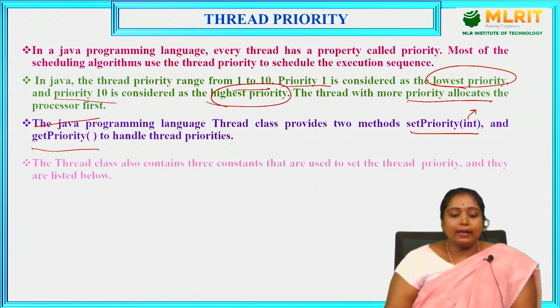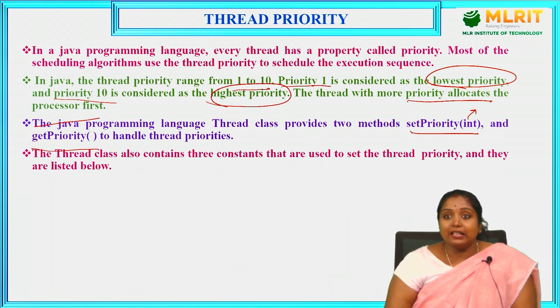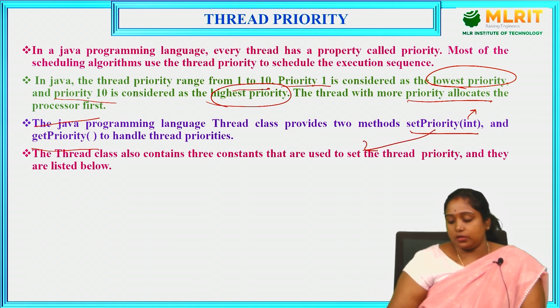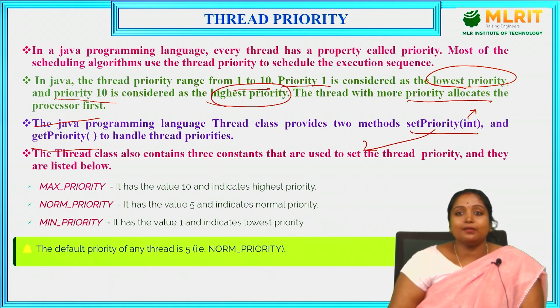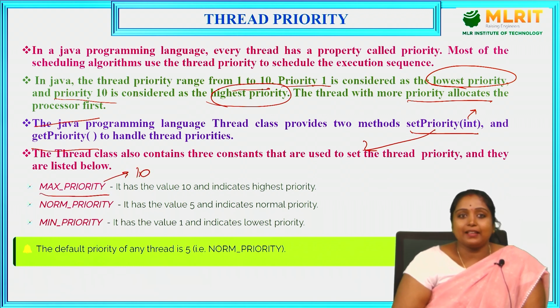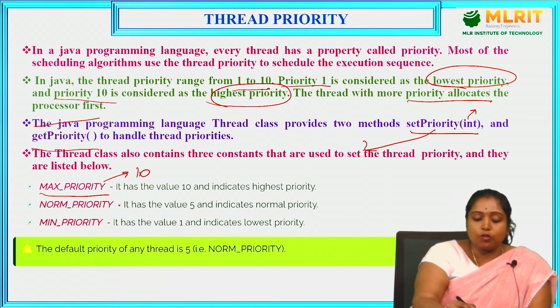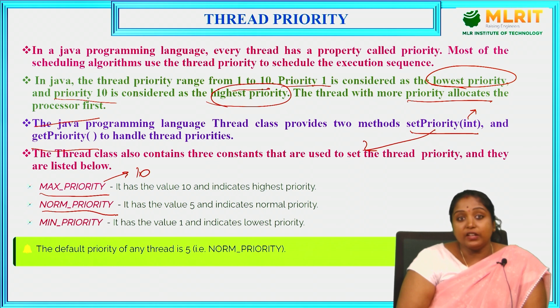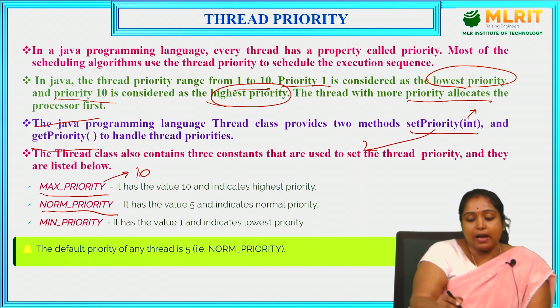Okay, and the Thread class also contains three constants to set the priority. The first one is MAX_PRIORITY, which is 10 and is the highest priority. NORM_PRIORITY, which has the value of 5.